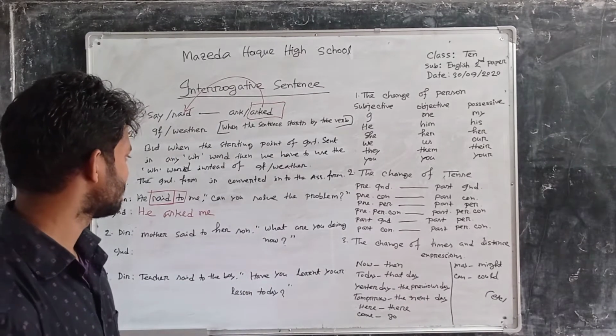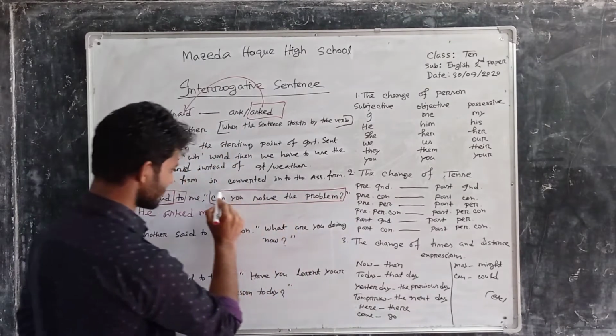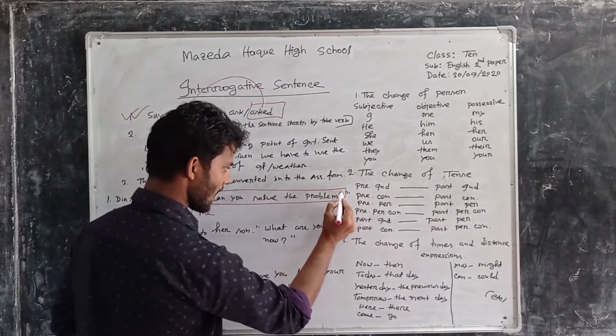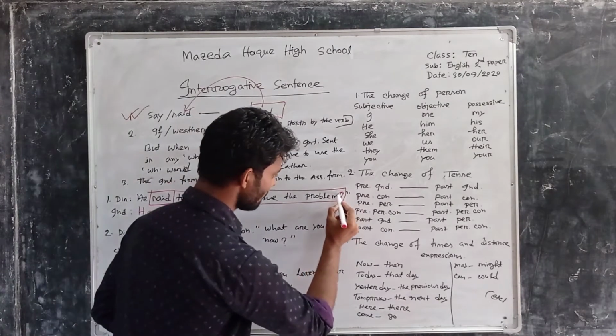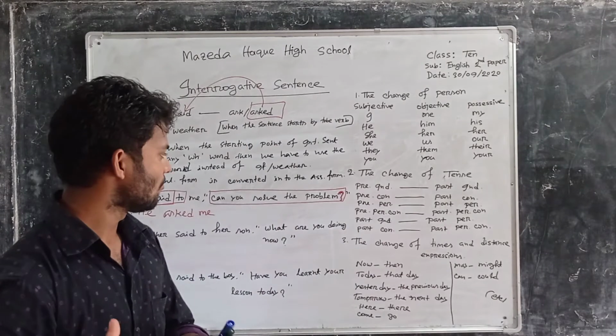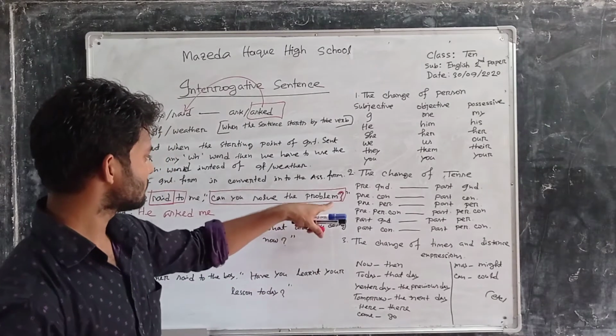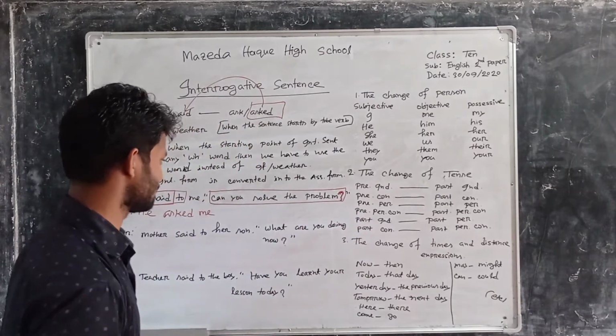Then we see this sentence is an interrogative sentence. It has the question mark. When we see the question mark in any sentence, we have to see this sentence is an interrogative sentence.